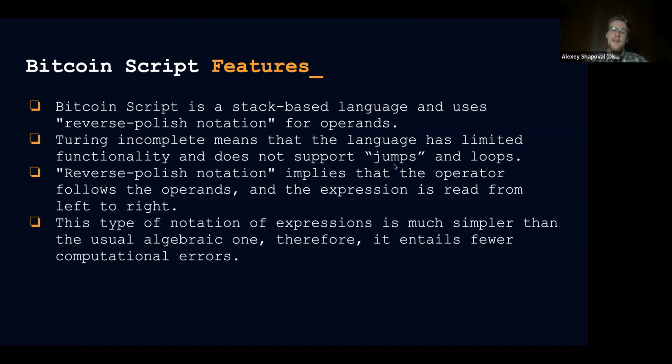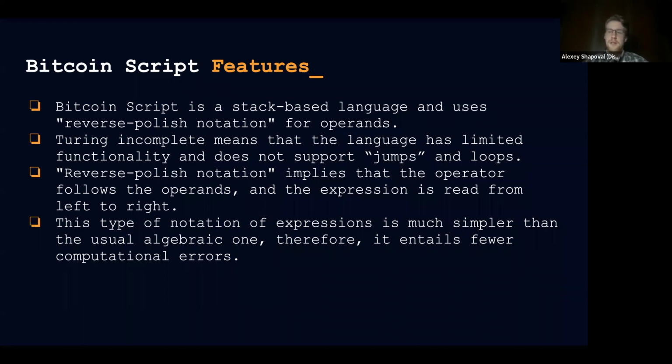Jumps mean that whenever a compiler reaches the special jump command in the code, it skips the rest of the code and moves the current execution cursor to the part of the memory which is specified in the jump. This concept is often used in low-level programming, like in assembly programming, for example.